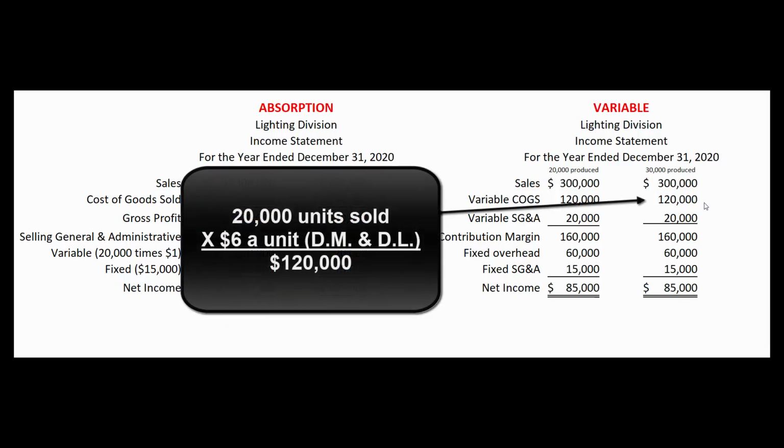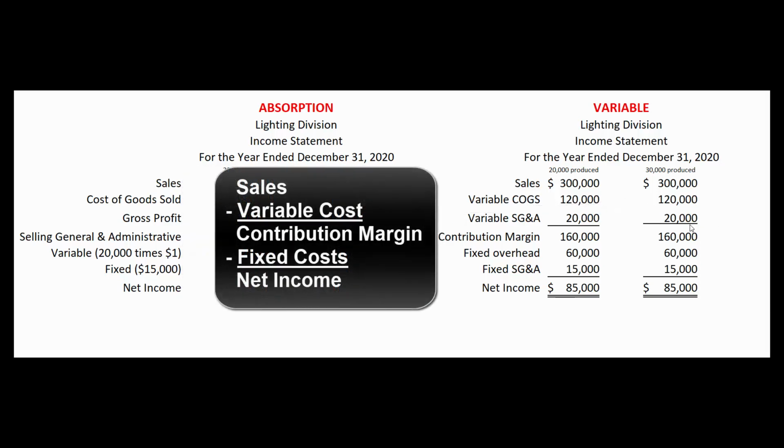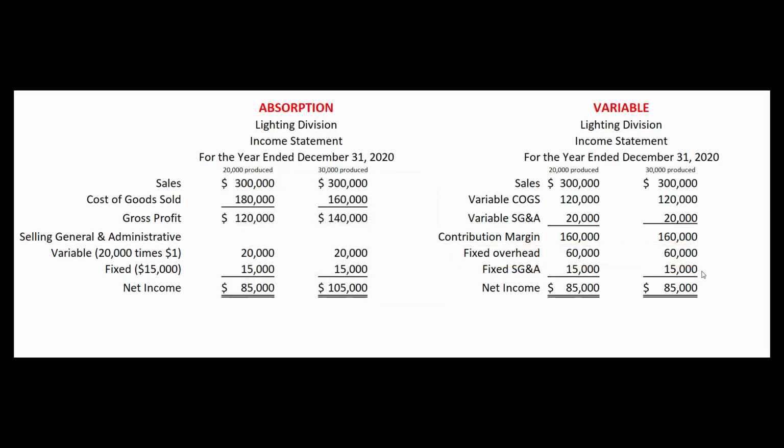Our variable cost of goods sold is still the 120,000 because each unit still costs us $6 in variable cost. That's $6 of labor and materials. In this example, there's no variable overhead. We subtract the variable selling and general and administrative expenses, so that gives us our contribution margin of 160. That's the same, minus the fixed overhead of 60,000, minus the $15,000 of fixed SG&A, and we're at 85,000, which makes sense.